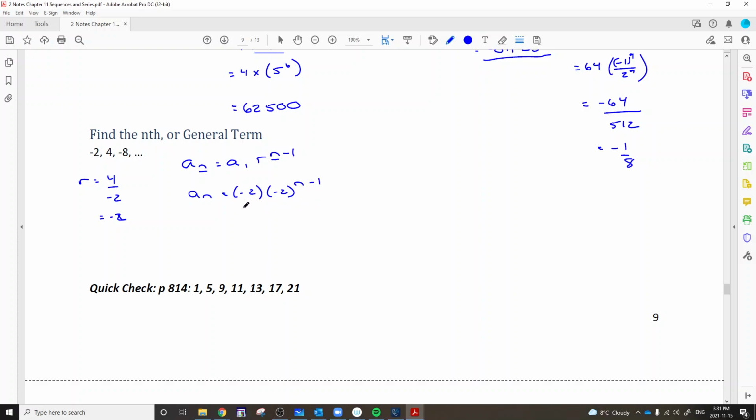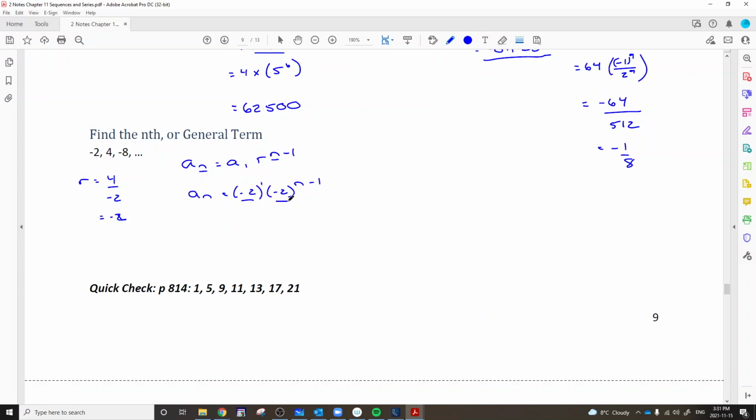Now this is great, and if I was going to use this, I could keep it as is. But the back of the book likes simplified answers. So if this is my general equation, I want you to look at the fact that this -2 is the same base. So this is -2 to the exponent 1 times -2 to the exponent n-1.